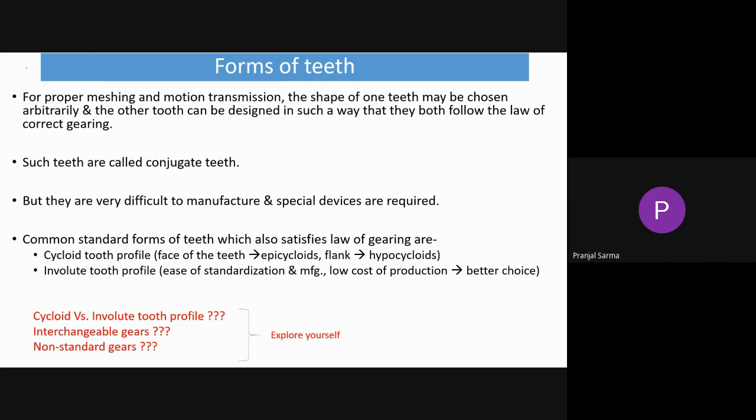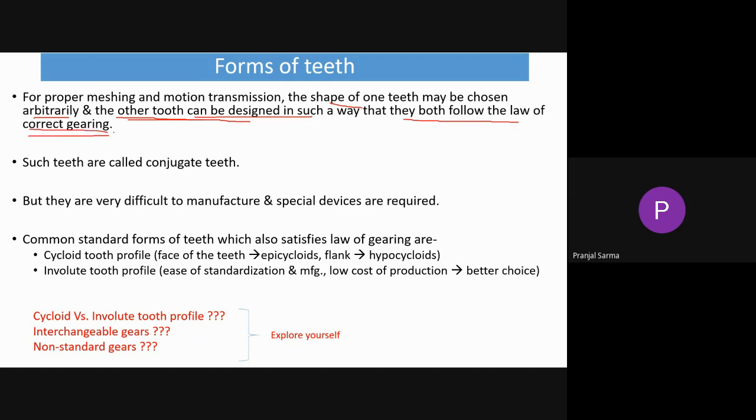Whenever we are thinking of proper utilization of gears, proper meshing is required as well as proper motion transfer. For that to happen, you can choose the shape of one tooth arbitrarily, but then the other tooth you have to design in such a way that both of them follow the law of correct gearing.